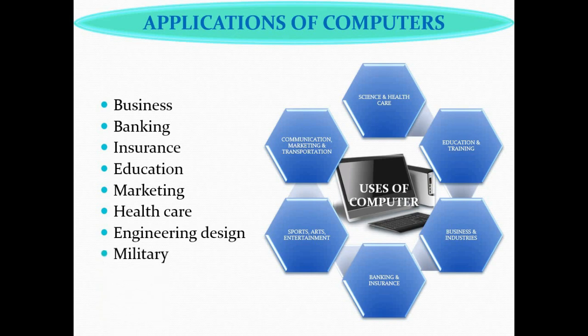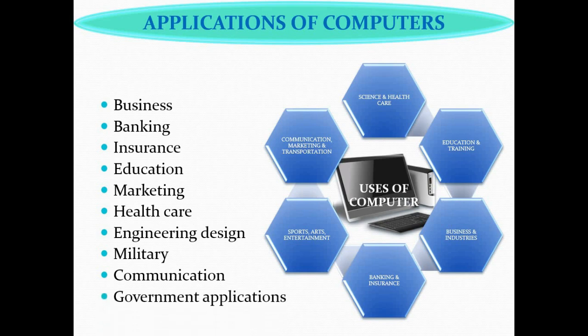The next application is in the military. Computers are largely used in defense. Some of the military areas are missile control, military communication, military operation and planning, and smart weapons. So communication, some areas in this category are email, chatting, video conferencing.